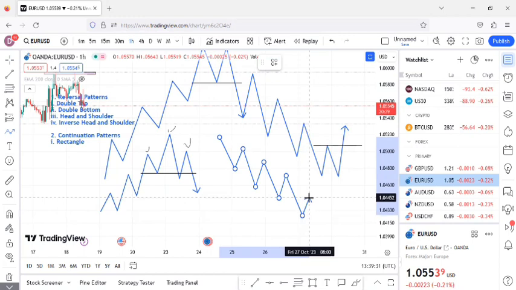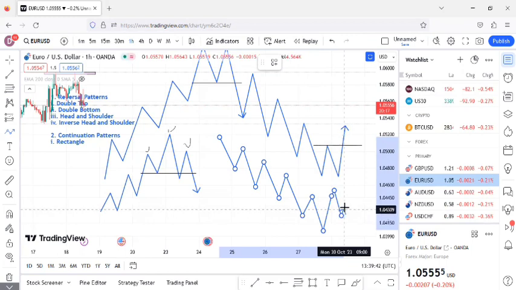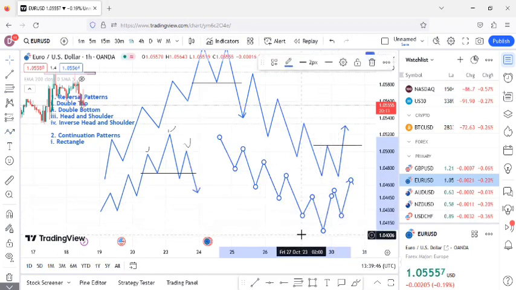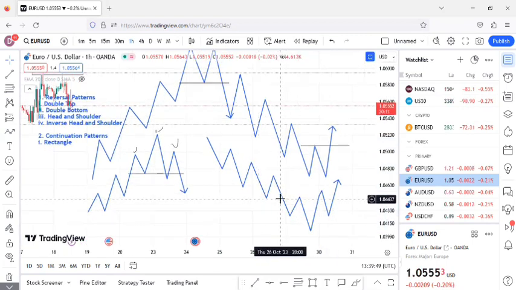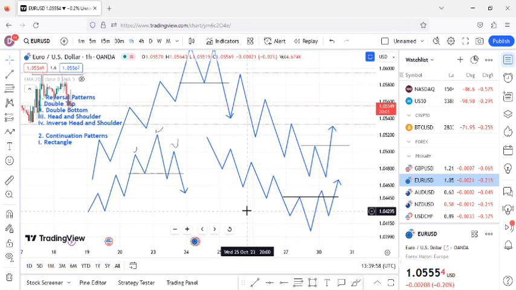Then all of a sudden, you have an equal low, either a little bit above, or equal. Then you have this, then you have this. So anytime you see this in a downtrend, this signals a reversal, and this is our neckline. So the neckline is very, very important in all these patterns.